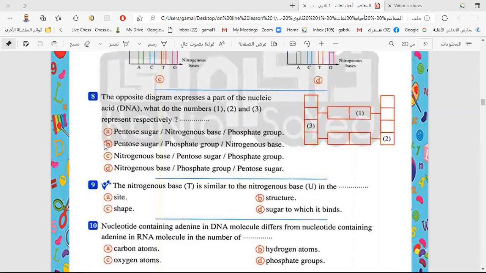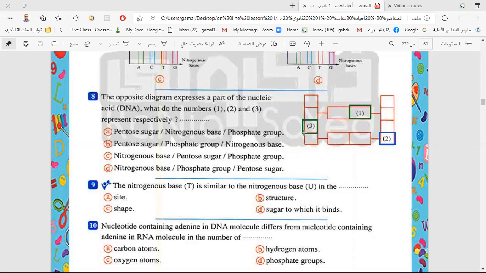The opposite diagram expresses a part of the nucleic acid DNA. What do the numbers 1, 2, 3 represent respectively? If you remember the structure of the nucleotide, you can see we have three main components. Here number 2, we have a pentose sugar, and number 1, we have a nitrogenous base, and here we have a phosphate group.